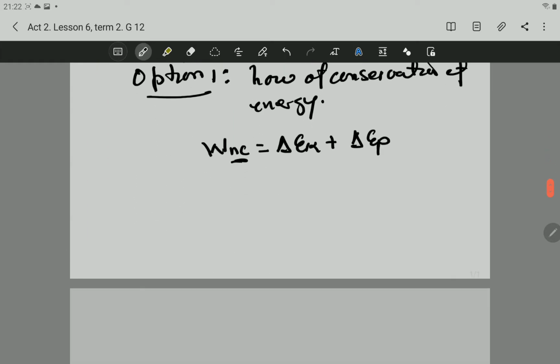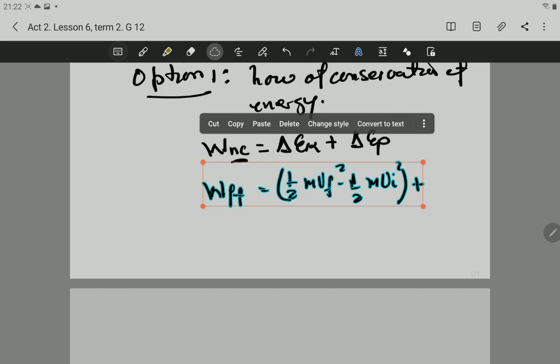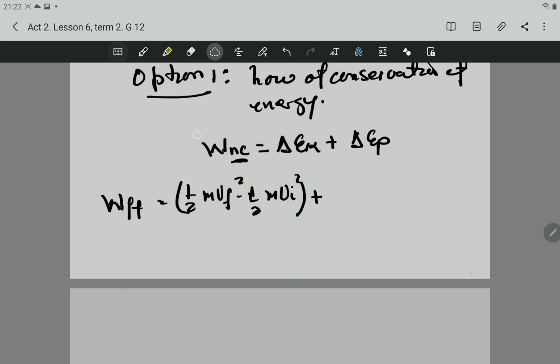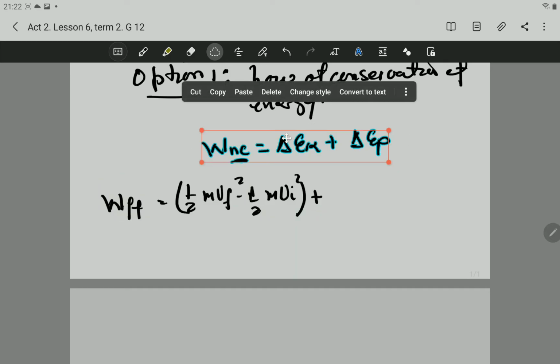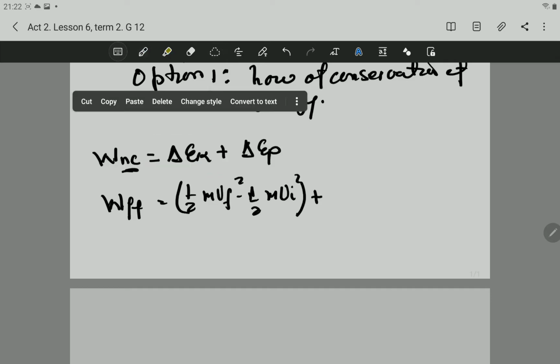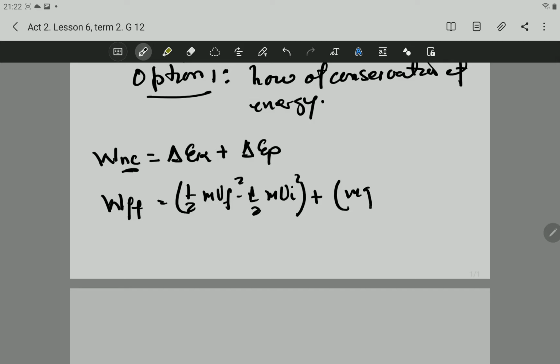So this will be the work done by the frictional force, equal to the change in kinetic energy. It's half mass final speed squared minus half mass initial speed squared, plus mg final height minus m multiplied by g multiplied by the initial height.